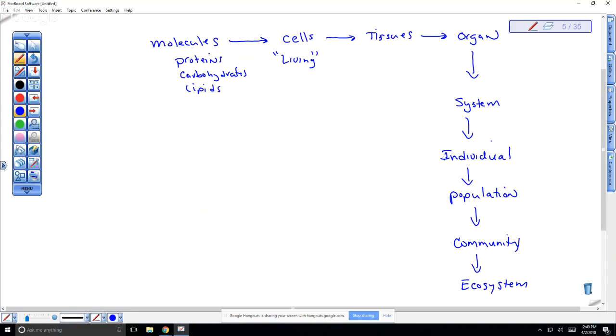So one of the things that we find is that as we move to these higher levels, we have new properties emerging. And so we call these emergent properties.